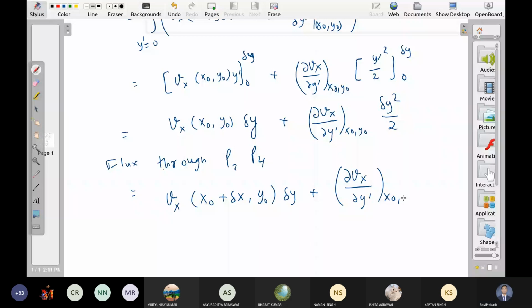Now if you see, this will be some number, this will be some number, but what about this quantity? These are small numbers, right? We choose delta y or delta x to be small. Let us say delta y is equal to 1 millimeter. What about delta y square?